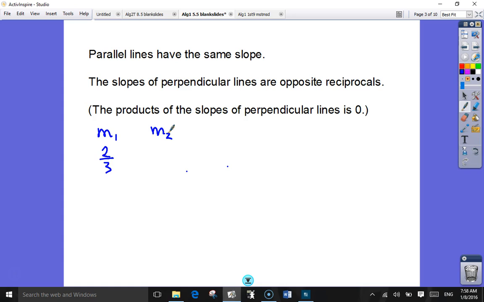A plus becomes a minus, a minus becomes a plus. What does it mean to be a reciprocal? Flip the fraction. So positive 2/3, the opposite reciprocal is negative 3/2. Right? So if they said your line is perpendicular to a line which had a slope of 2/3, then you would say, okay, then I'm going to use negative 3/2.